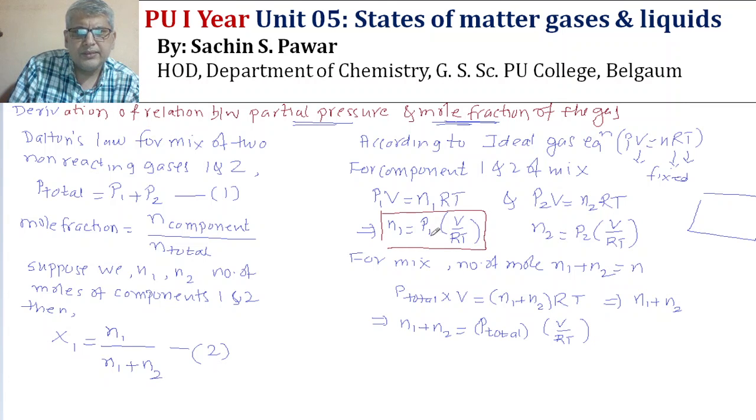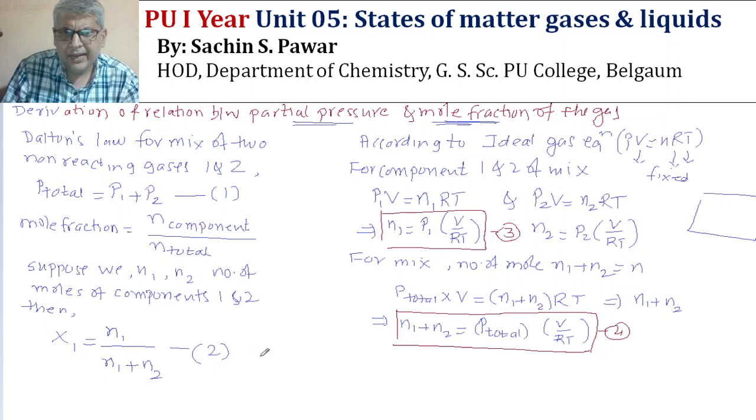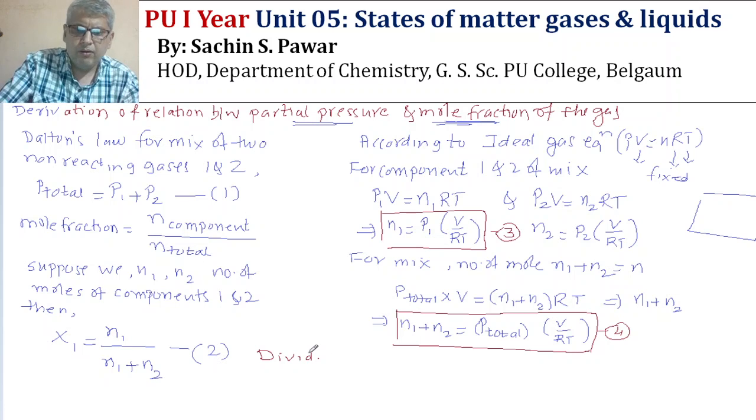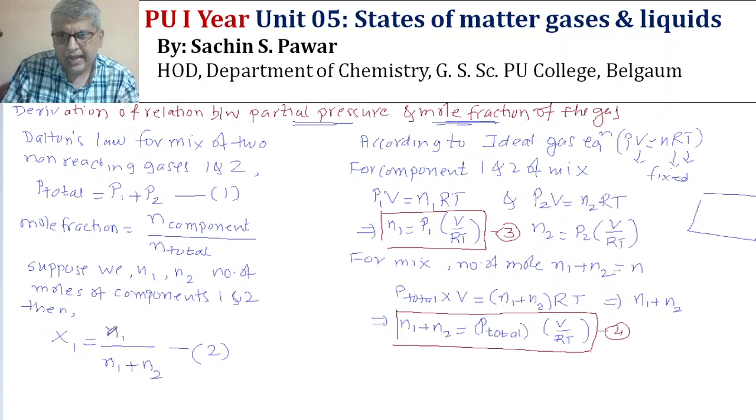Now if I call this equation number 3 and this equation number 4, then I have equation 2, N1 upon N1 plus N2.